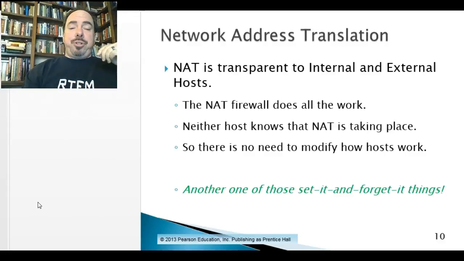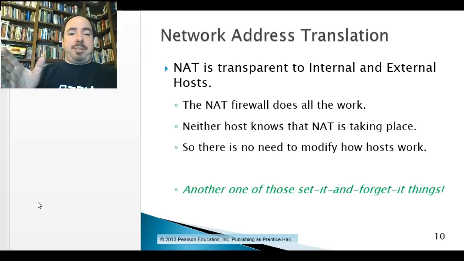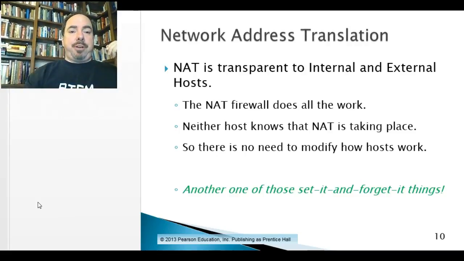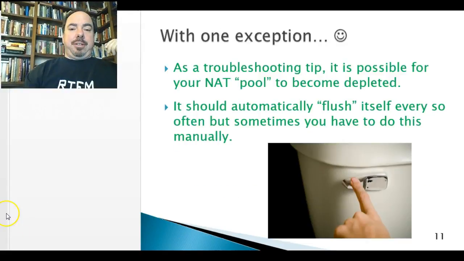Nice thing about NAT, once you enable it, it just automatically does its thing. You have to configure, here's the range of IP addresses you can use, and then it takes over from there. So once you enable it, you never have to touch it again. Except sometimes you do have to touch it.